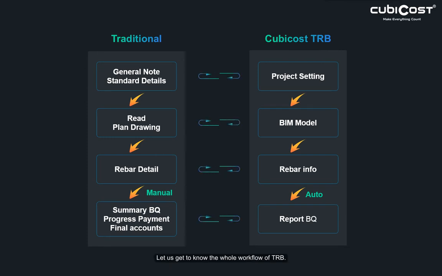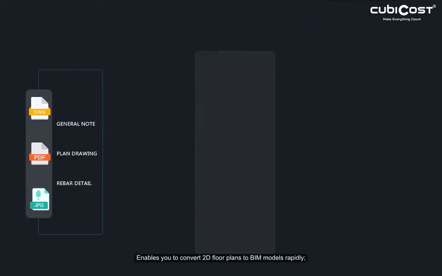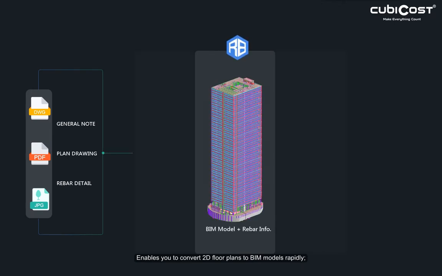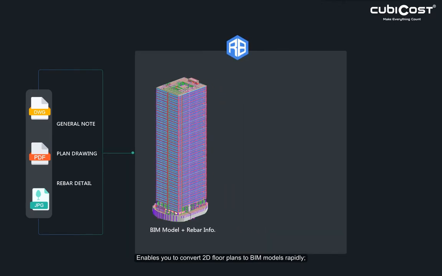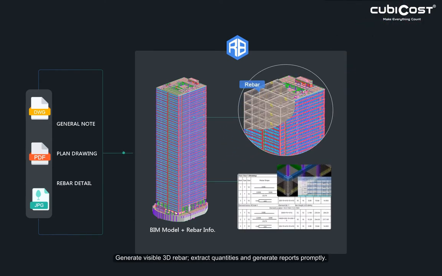Let us get to know the whole workflow of TRB. TRB supports the import of multiple file formats, enables you to convert 2D floor plans to BIM models rapidly, pick the rebar information in the rebar details to models quickly, generate visible 3D rebar, extract quantities and generate reports promptly.